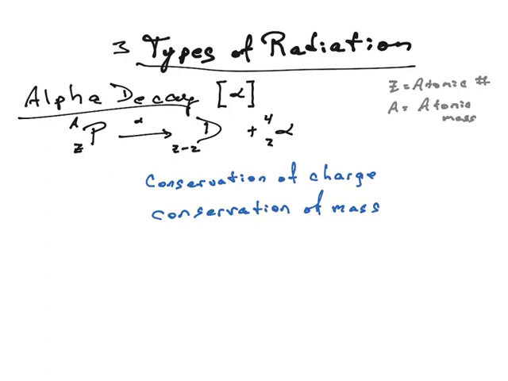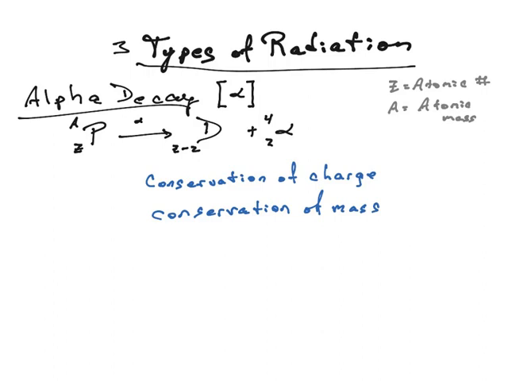Because Z minus 2 plus an extra 2 gives you Z. And the left has Z, the right has Z, we've conserved charge. And that always happens. This is a good thing about nuclear reactions. They are actually very, very easy to solve because of these two rules. They always follow these two rules, and so you can always count on them. The first rule, the total atomic number must be equal on both sides of the reaction.